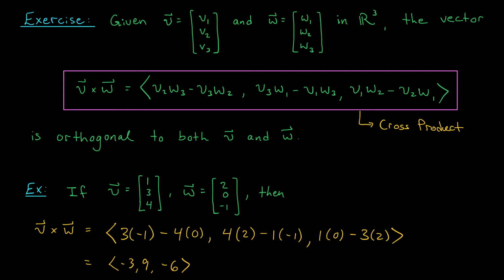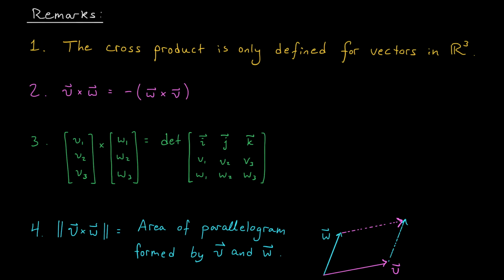Pretty cool, huh? I have a few remarks for you regarding the cross product before we move on to some examples. Firstly, the cross product formula really does require you to have vectors with exactly 3 components. That's because the cross product is only defined for vectors in R3. The dot product we define for vectors in Rn, but the cross product is an R3 exclusive.